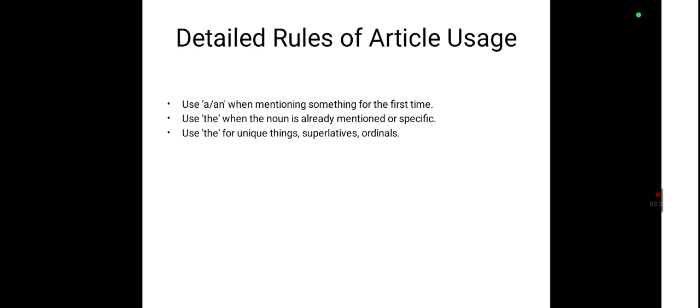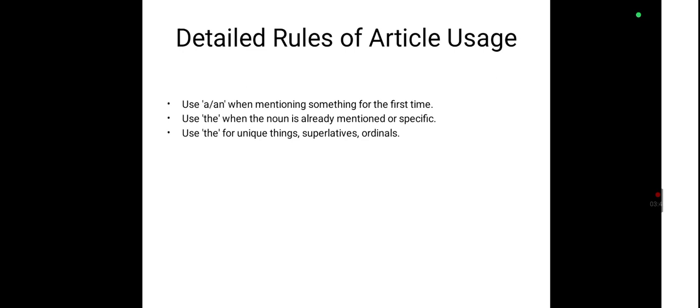So we can use the article the before the superlative form of words, and we can also use the article before ordinal numbers. For example, he got the first rank in the class. He got the first place in the running competition. The second, the last, the fourth, the third, like this, ordinal numbers.